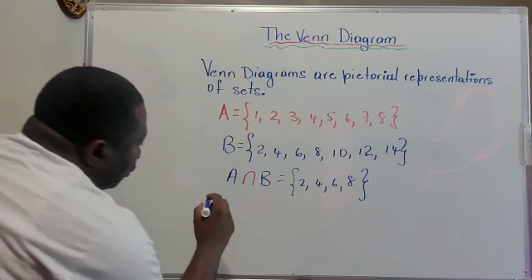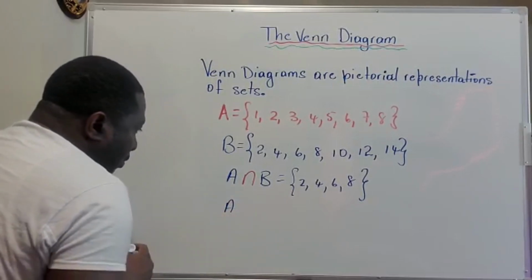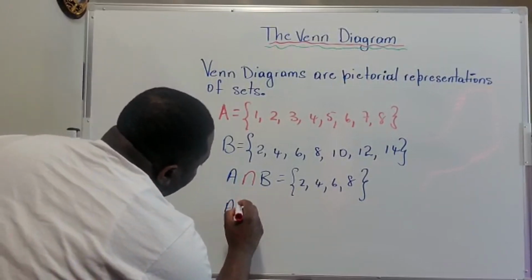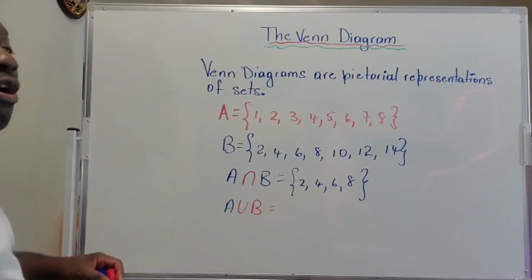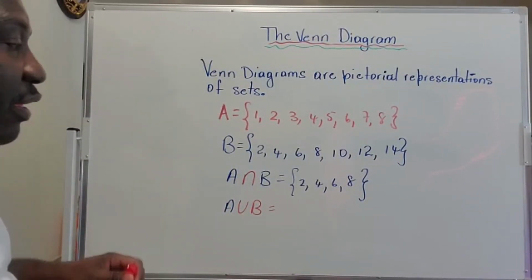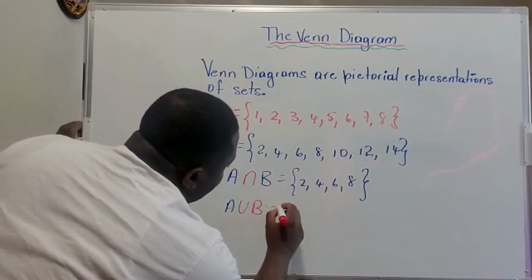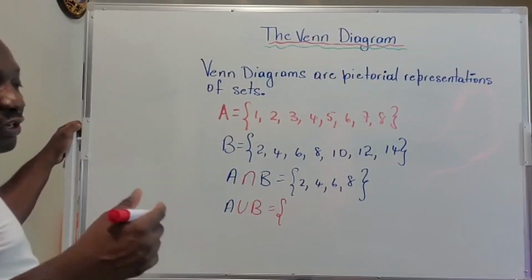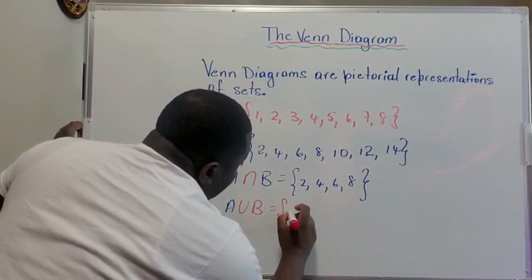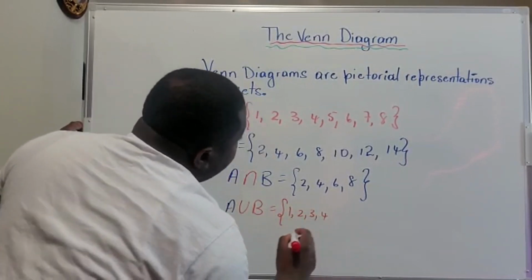If I was supposed to do the union, A union B. Now we are looking at all elements that are in both sets combined. So the elements, and guys remember, we don't repeat an element and the order is not important. 1, 2, 3, 4.